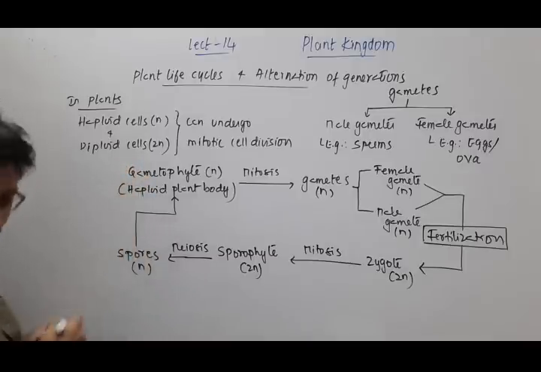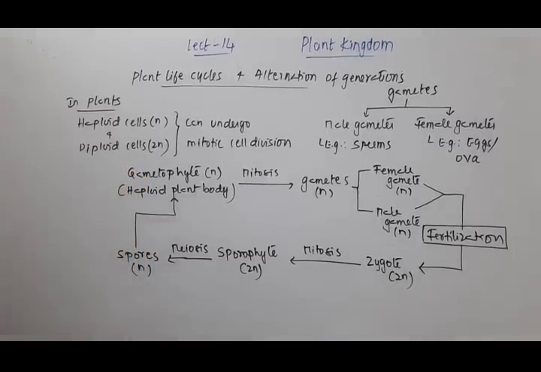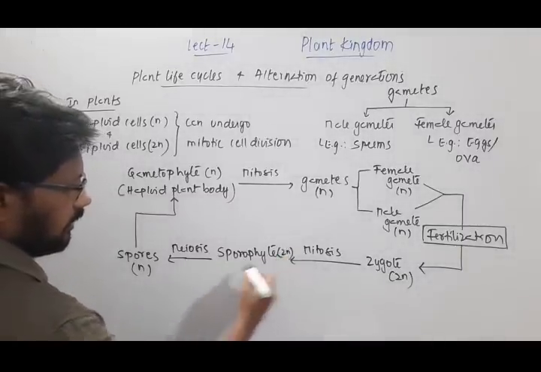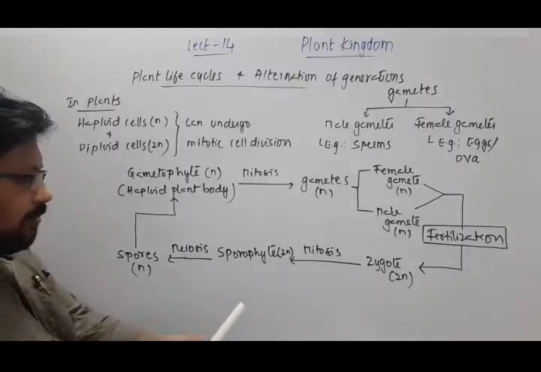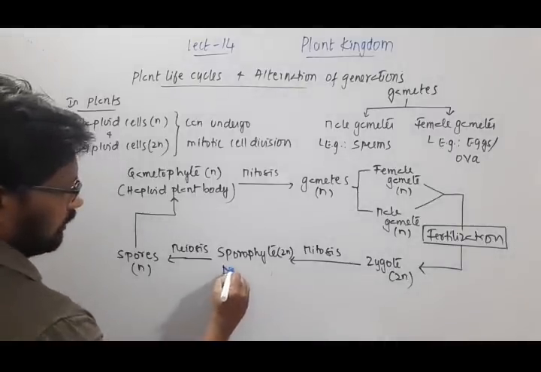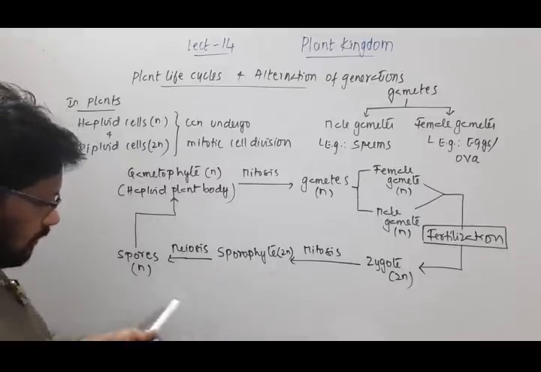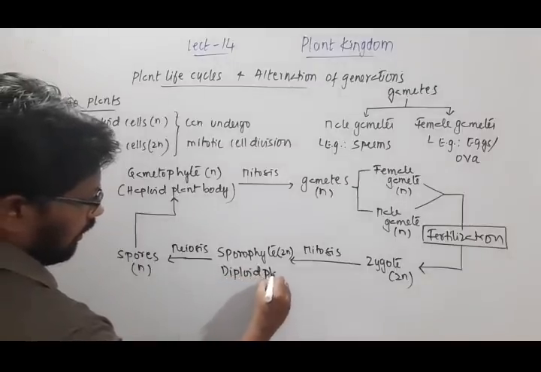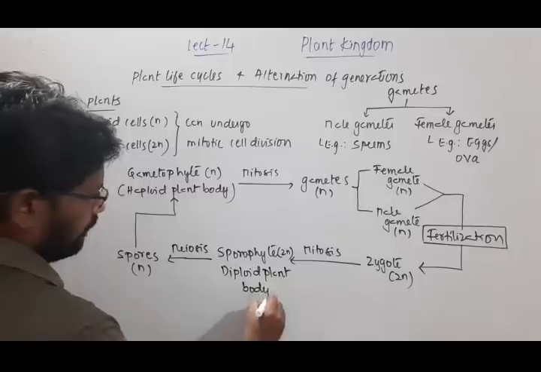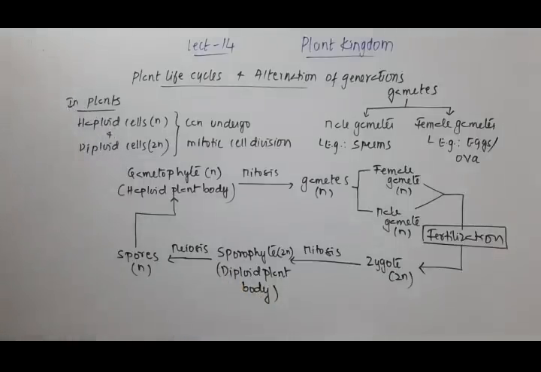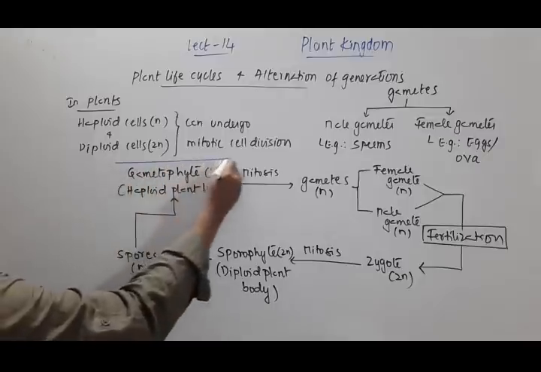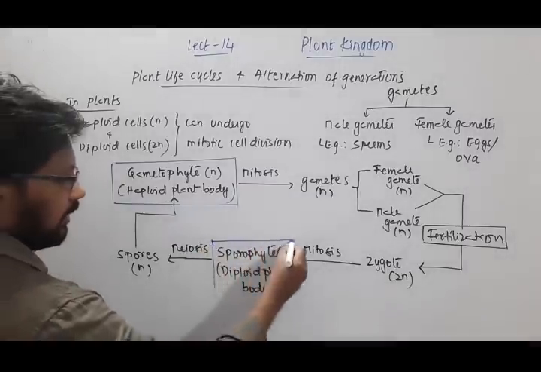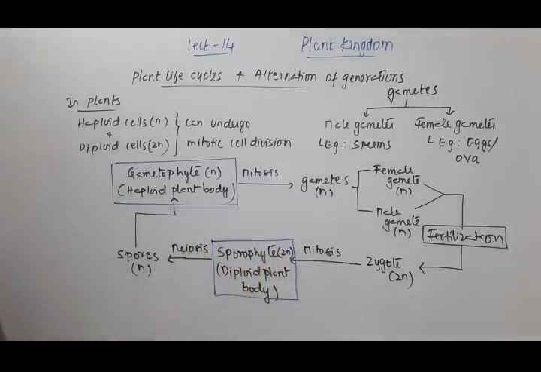So this is the gametophytic phase. This sporophyte is 2n, so this is the diploid plant body. You can see in this case the gametophytic phase, and this is the sporophytic phase.